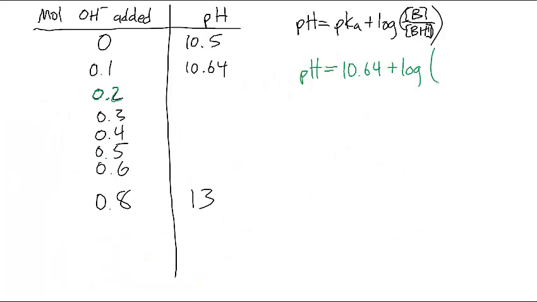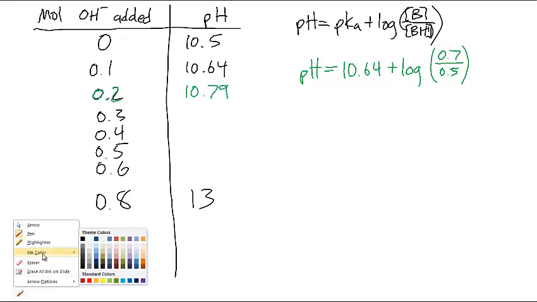So there it would have been 0.7 over 0.5. So you can calculate that number. Go ahead, feed me that number. 10.79.